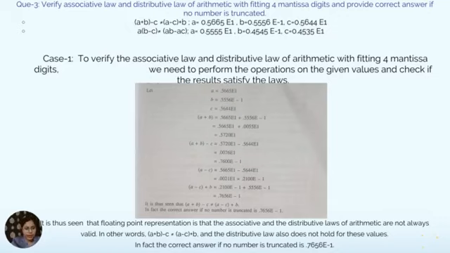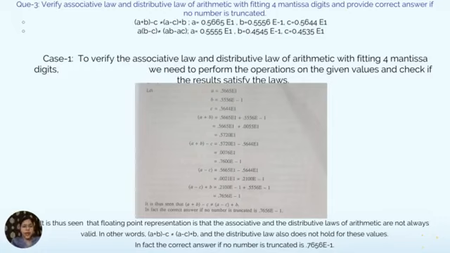So we see that A + B − C is not equal to A − C + B. In other words, the distributive law and the associative law do not hold for these values. In fact, the correct answer, if no number is truncated, is 0.7656 × 10^-1.